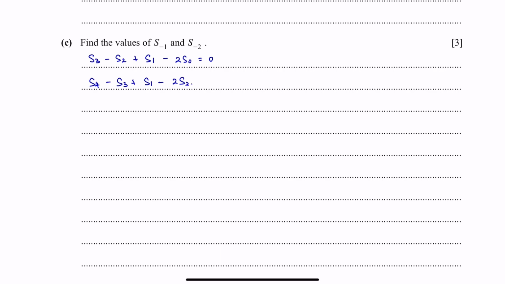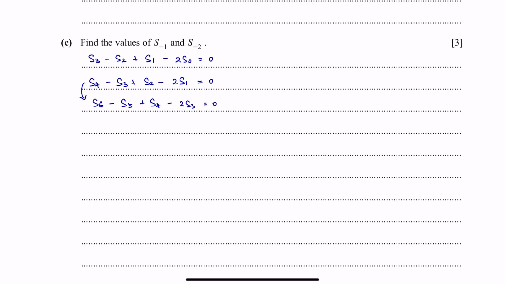Sorry, 2S1. This equals 0. We can actually write in this form. Or you can step up by 2. If you want to step this up by 2, it will be S6 minus S5 plus S4 minus 2S3. You can actually write it like this.